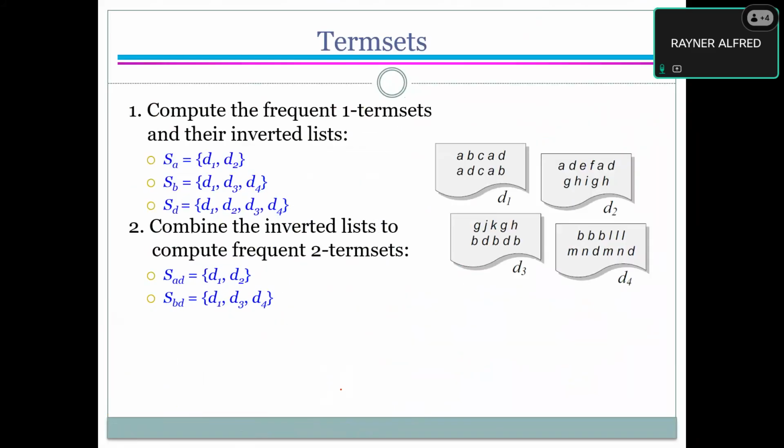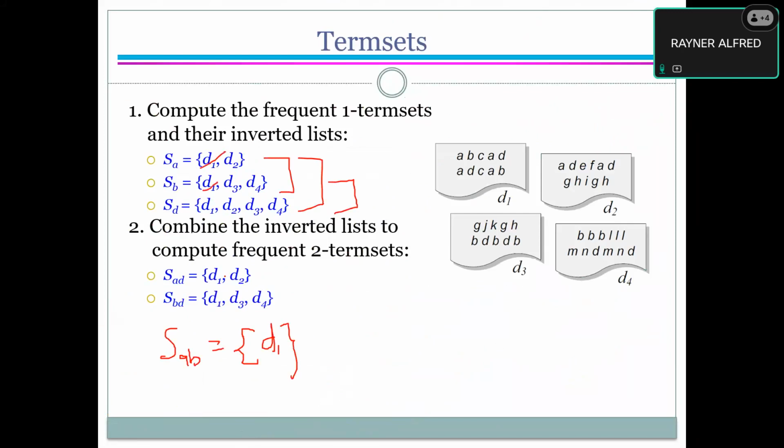We continue with two term set. So with the two term set, we combine this, and then this and that, and then this and this. So for AB, we only have one. So SAB, we only have one, document 1. Okay, because this and this.